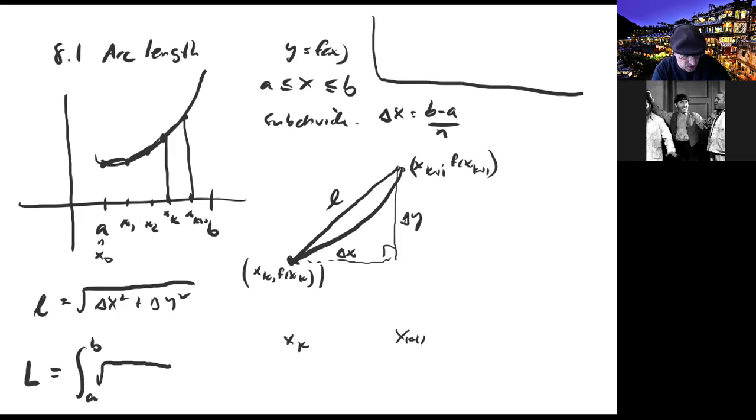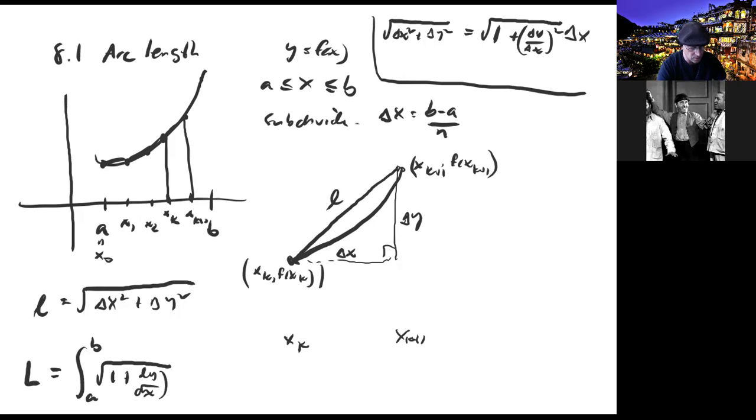The square root of delta x squared plus delta y squared, I can factor out a delta x squared through the square root, and that's going to give me a delta x on the outside. And what's left over is a 1 from the delta x squared, and then a delta y over delta x quantity squared. So now in the limit, that becomes the square root of 1 plus dy dx quantity squared, times dx. So that's the formula for arc length.